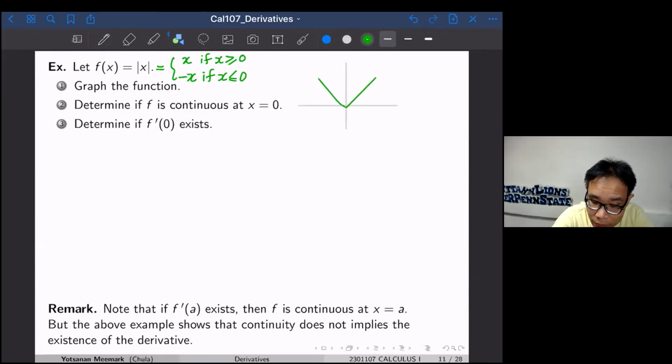Okay, so this guy will be the pink guy and this guy will be the yellow guy. Like this. Okay, and you're gonna have y and x here. We would like to determine whether the function is continuous at 0.